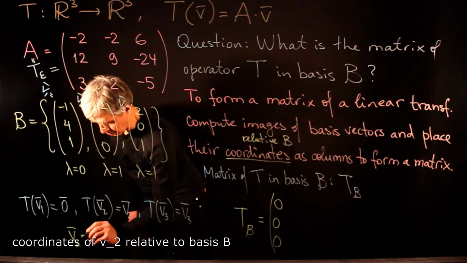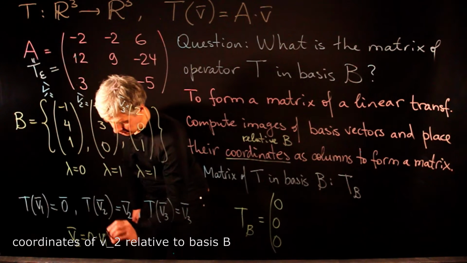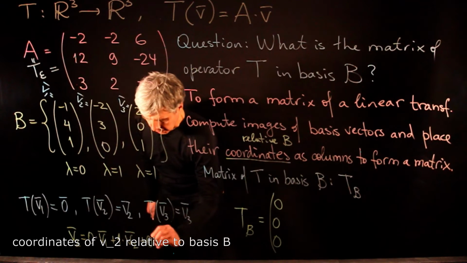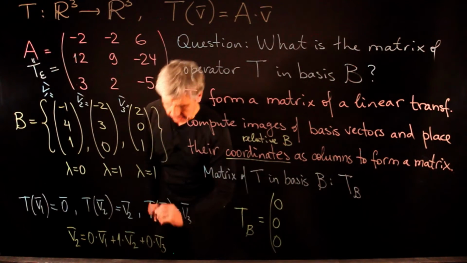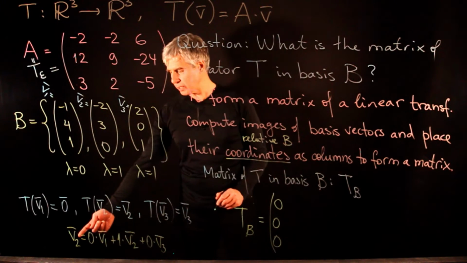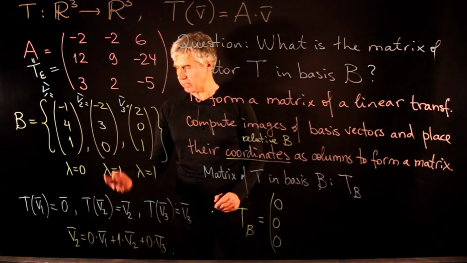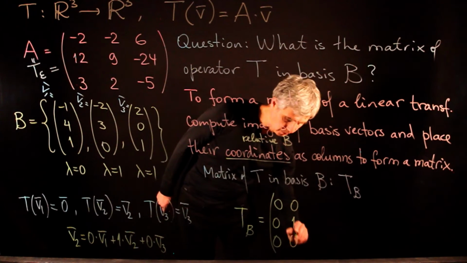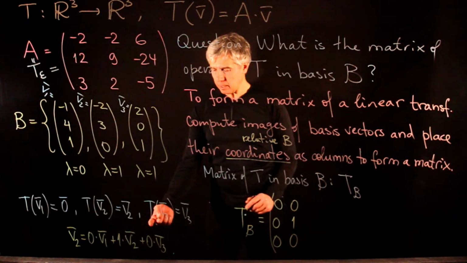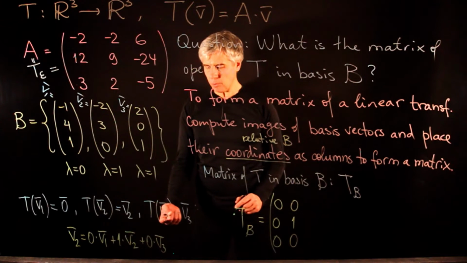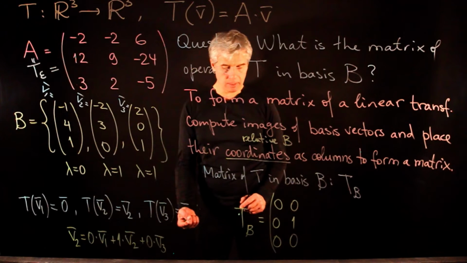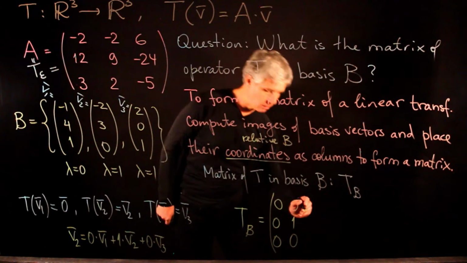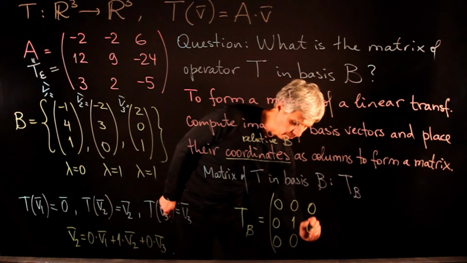V2 is equal to 0 times V1 plus 1 times V2 plus 0 times V3. And so this tells us that the coordinates of V2 relative to the basis B is 0, 1, 0. And likewise, the image of the third basis vector is V3. But the coordinates of V3 relative to the basis B is going to be 0, 0, 1.